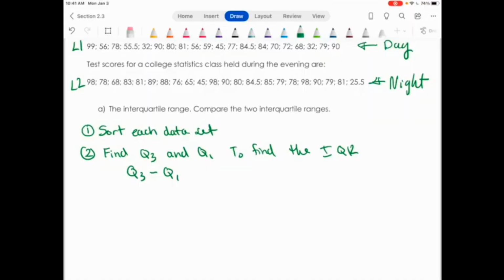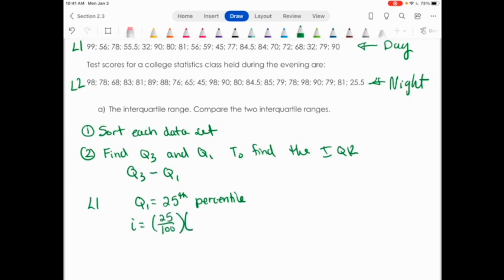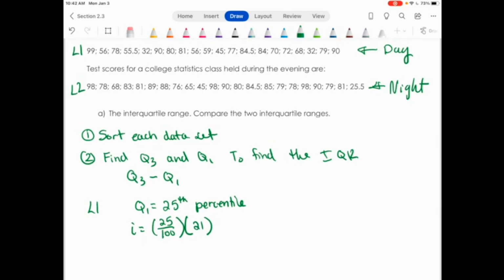So now that we have sorted the data, let's use our formula to find Q1 and Q3 for each data set. For the first data set, Q1 would be the 25th percentile, which means in my formula I'm going to put 25 over 100 times 21, because in the first data set I have 20 data values.